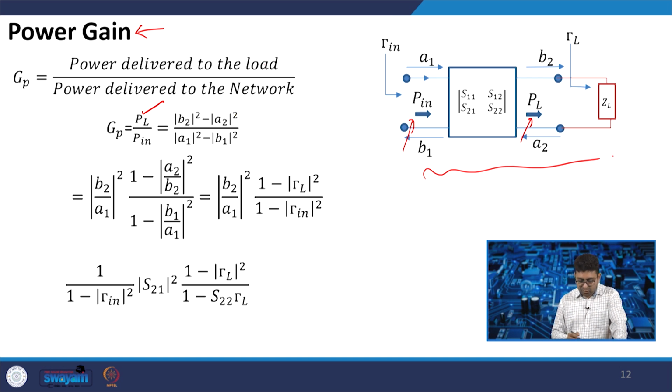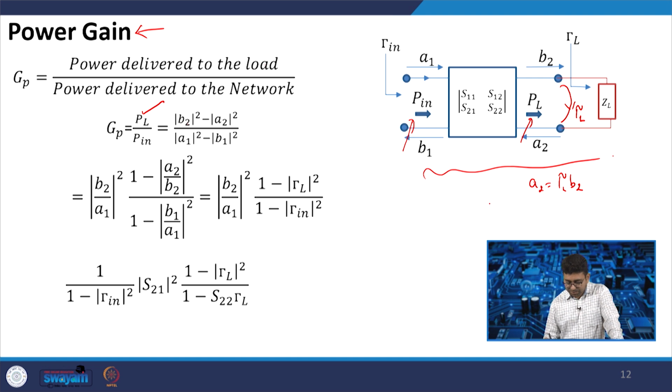Similarly, you can also get the input power, that is A1 square minus B1 square. Once you take out B2 and A1 common, there is 1 minus A2 by B2 square, and 1 minus B1 by A1 square. B2 by A1 square we have already found. A2 by B2, because when you consider this gamma L, it goes from B2 to A2. So, you get A2 equal to gamma L B2.